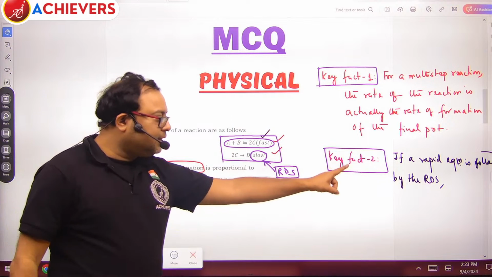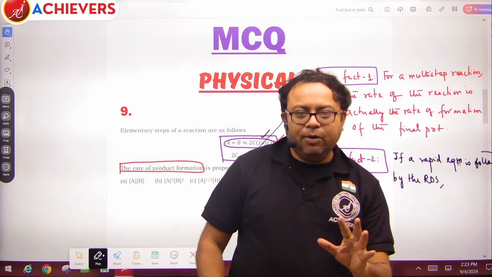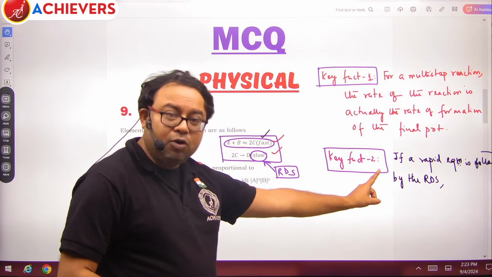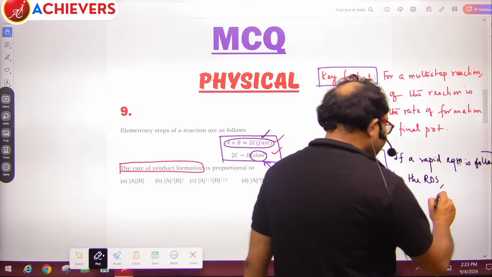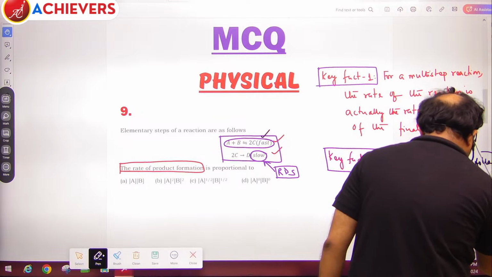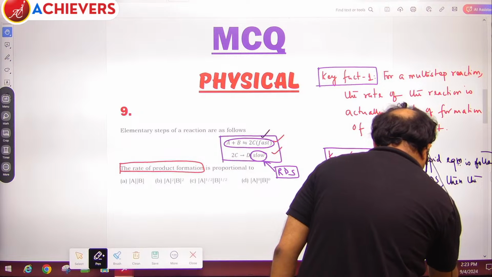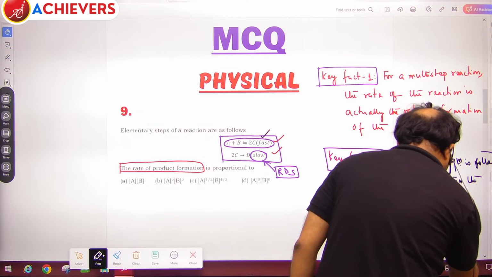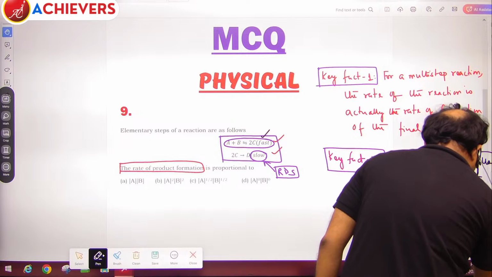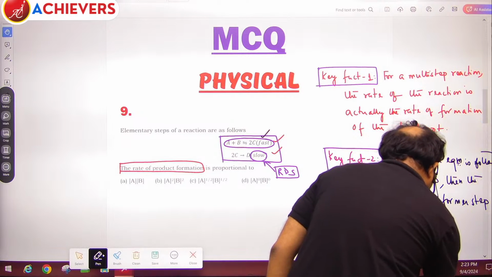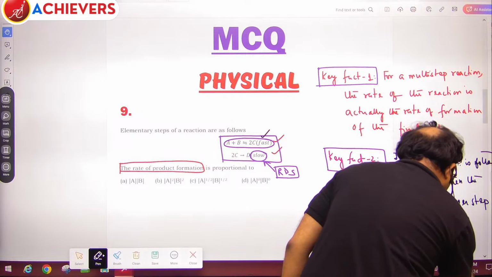So this condition is satisfied over here. So if a rapid equilibrium is followed by the RDS, then the equilibrium of the former step will remain undisturbed.